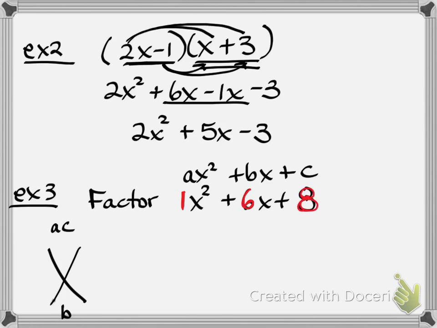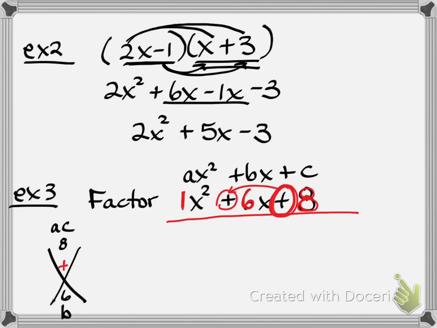So when we use the x method, a times c is 1 times 8 at the top, and b is 6 at the bottom. I always take a clue from this trinomial. This last sign tells me so much. I want factors that add to 6, and both of my signs are going to be pluses.